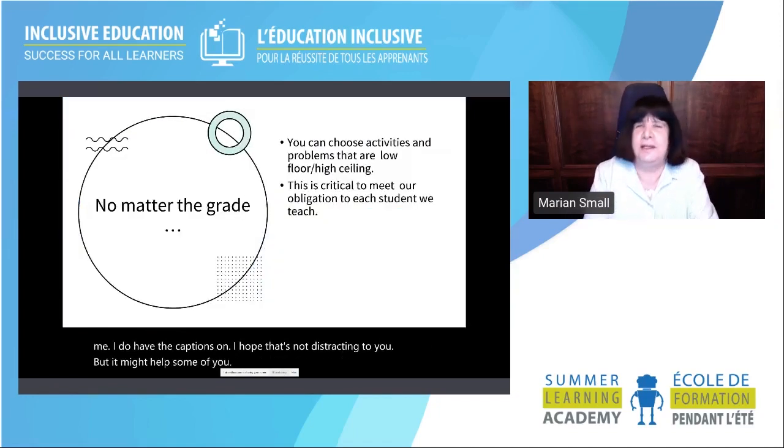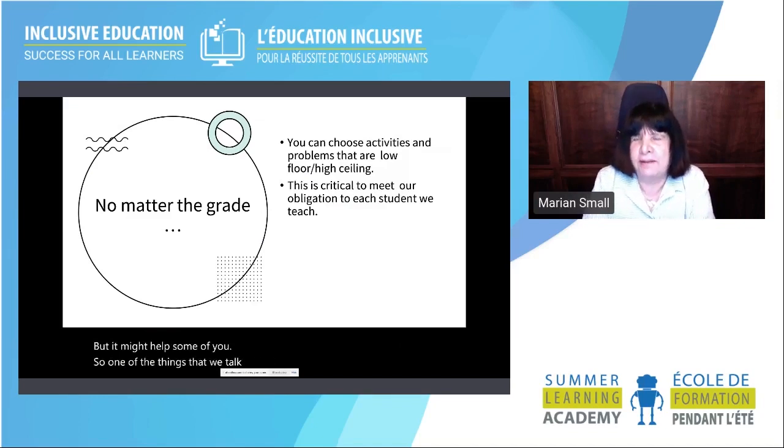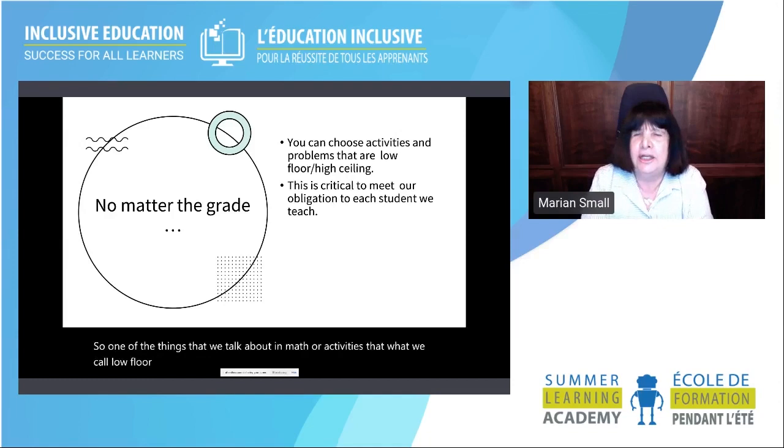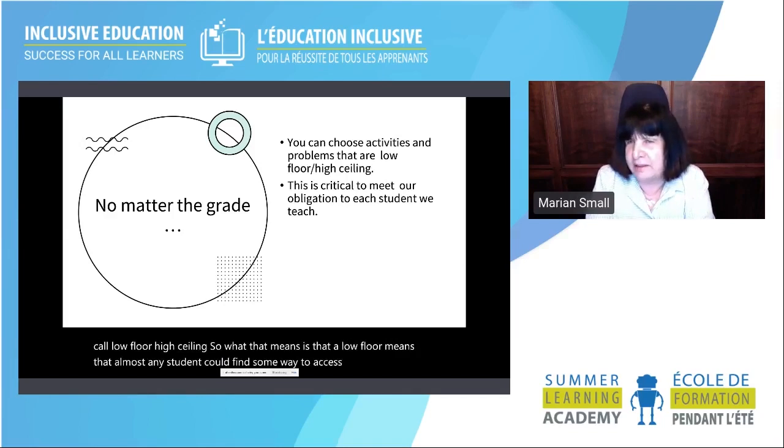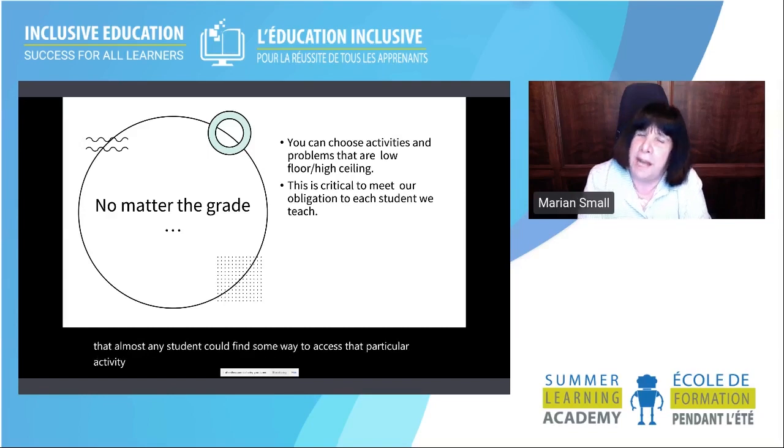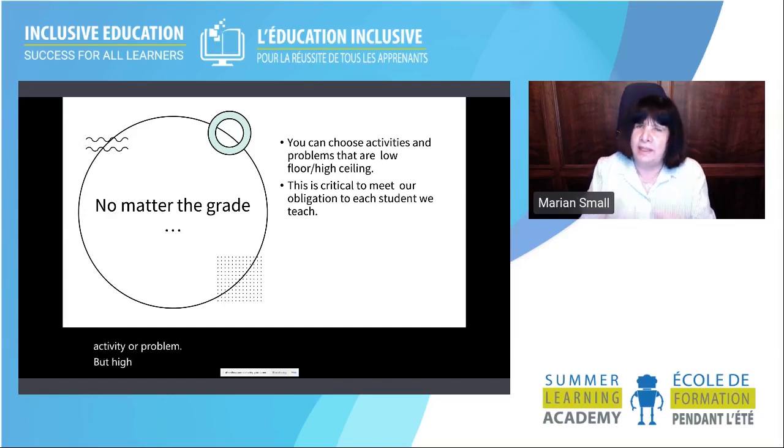So one of the things that we talk about in math are activities that we call low floor, high ceiling. So what that means is that a low floor means that almost any student could find some way to access that particular activity or problem. But high ceiling means that we can stretch kids.